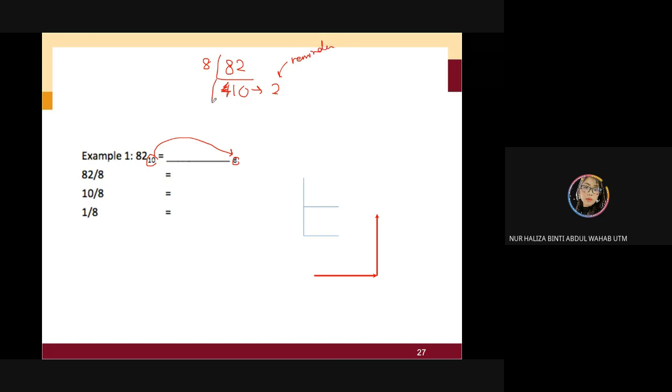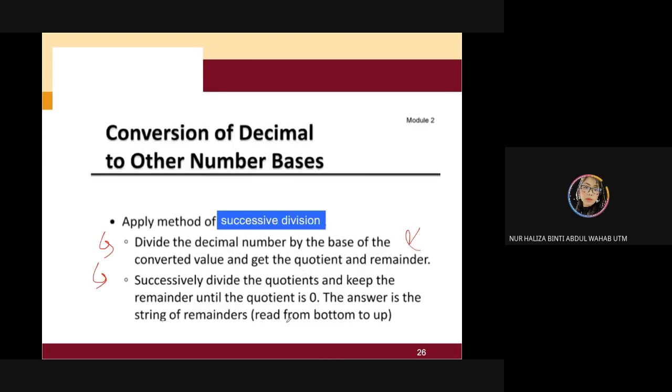You can divide another time because 10 is still bigger than 8. Now when you divide, you will get 1, and your remainder also will be 2. Then 1 cannot be divided by 8, so it is also the remainder. How do you read the answer?